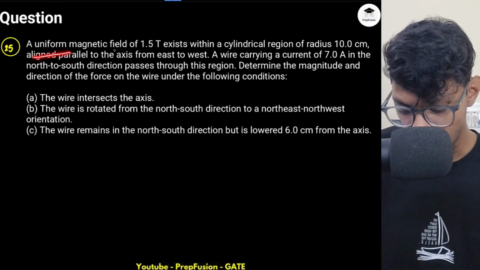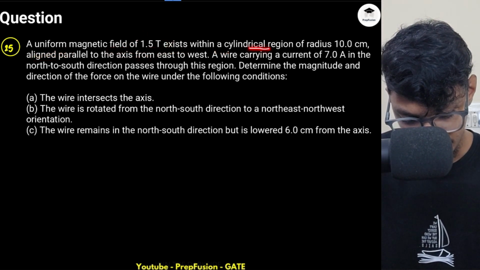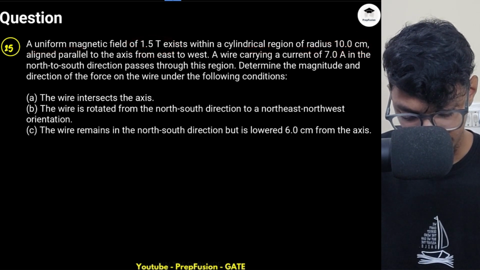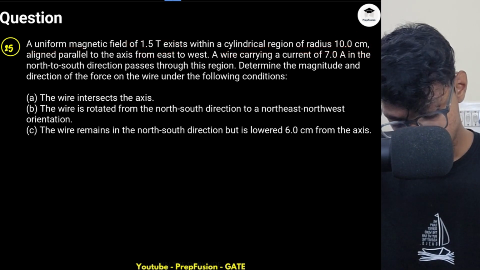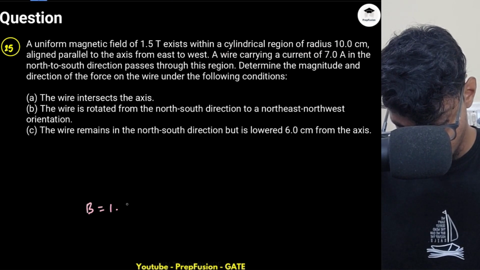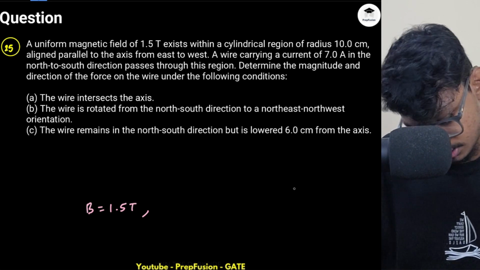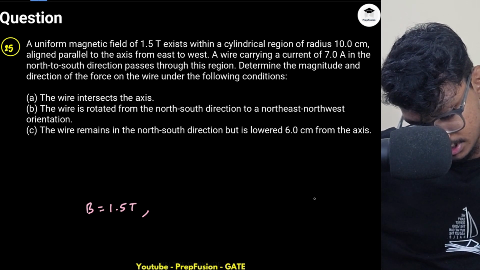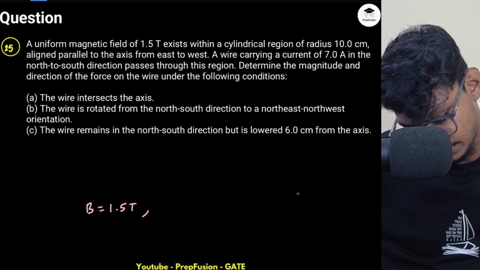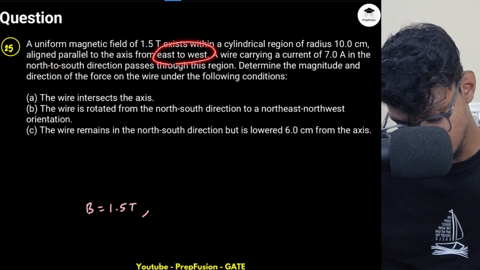A uniform magnetic field of 1.5 Tesla exists within a cylindrical region of radius 10 centimeter. I just need to write down the information. So B is 1.5 Tesla, and the field exists within a cylindrical region of radius 10 centimeter, aligned parallel to the axis from east to west.